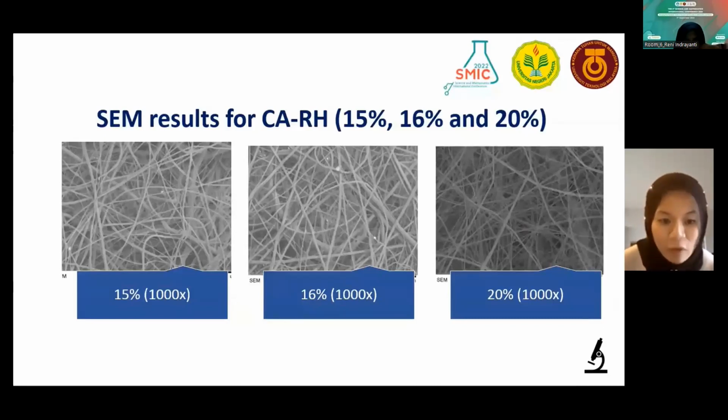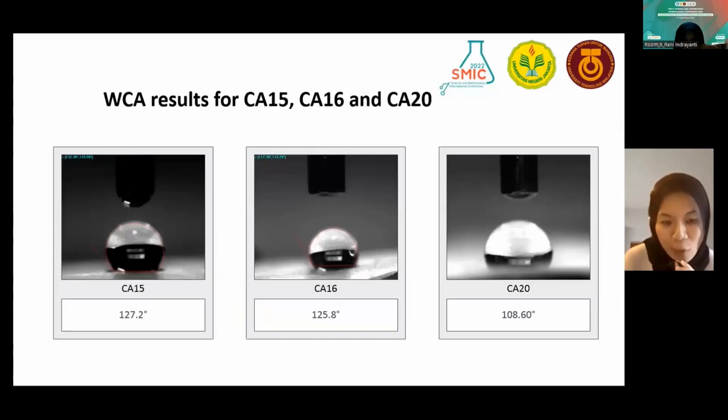We can see that for 15% and 16%, we are able to produce the nanofiber, but it doesn't look as smooth and continuous as 20% cellulose acetate. So we further characterized it by doing the water contact angle to look at the wettability of the nanofiber.